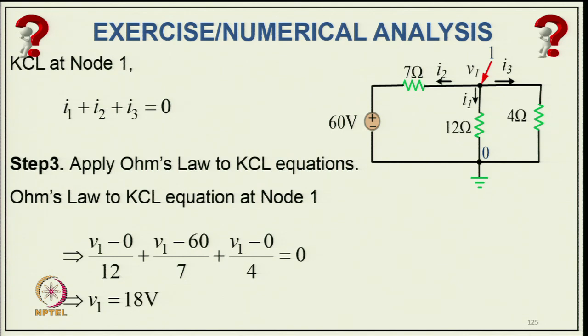Applying Ohm's law, you have V1 upon 12 as the current I1, plus (V1 minus 60) divided by 7 as I2, and third, (V1 minus 0) by 4 is equal to 0. Solving this, you get V1 equal to 18 volt.